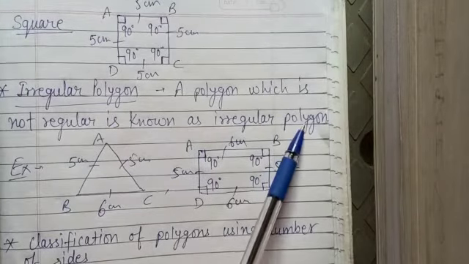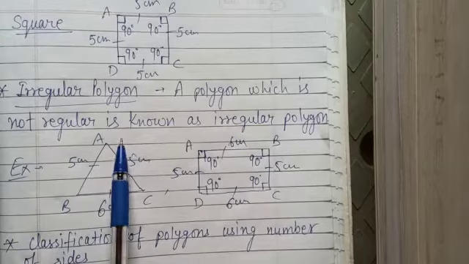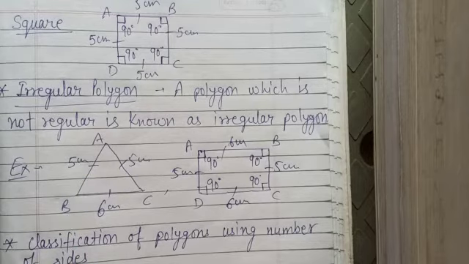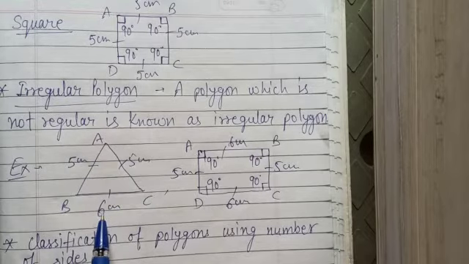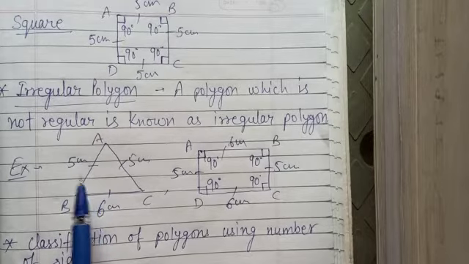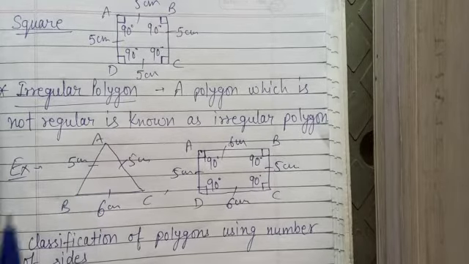If you look at this triangle, we can say it is not regular because sides are different. Two sides are equal, but the third one is unequal. So this is an irregular polygon.